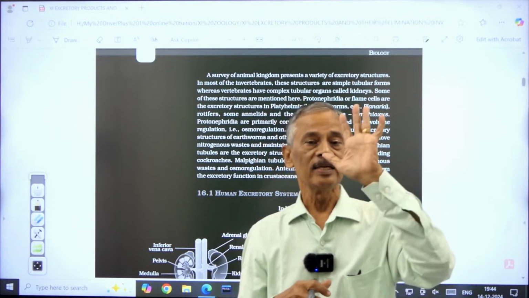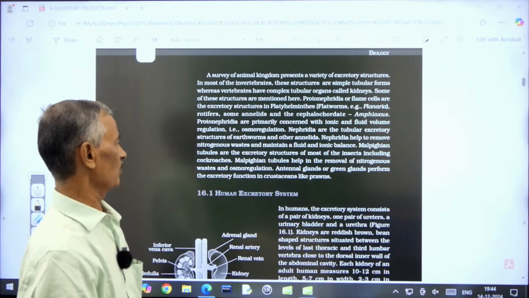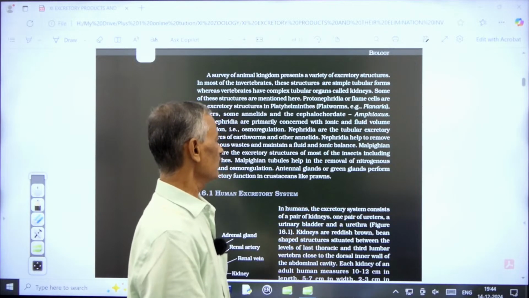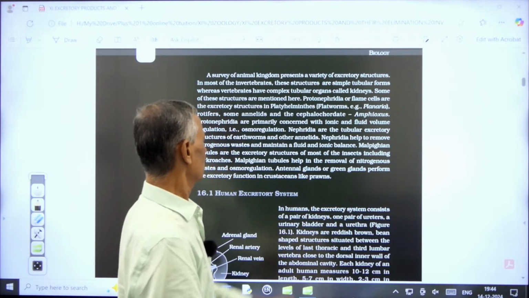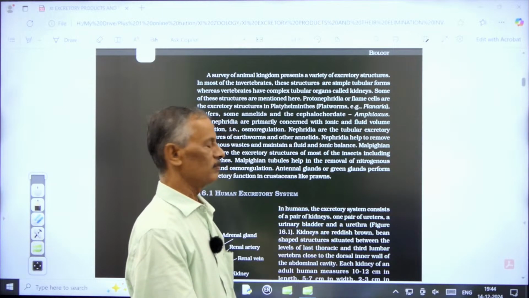So these are the organs present in our excretory system: a pair of kidneys, a pair of ureters, a single urinary bladder, and a urethra.